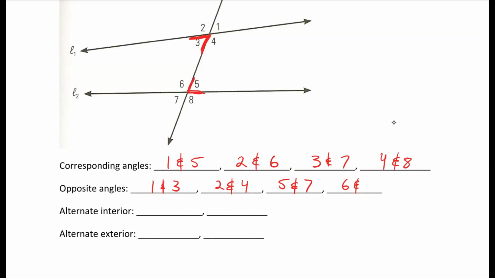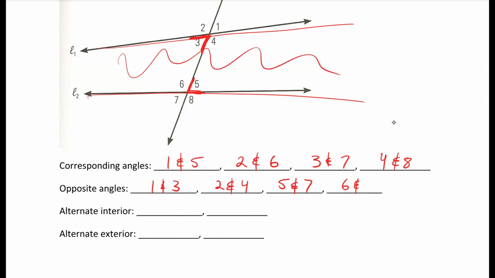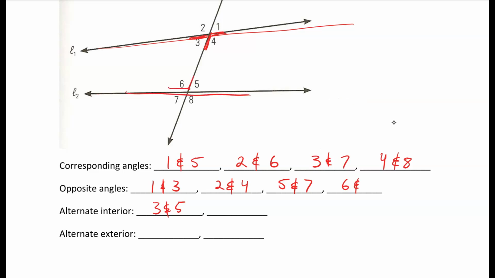So they're on the opposite side of the transversal, and they're inside these two lines. So they're inside the lines. So we'd have 3 and 5 because they're alternate and they're opposite sides of the transversal. We would also have then 4 and 6 because they're opposite sides of each other. So we'd have 4 and 6.